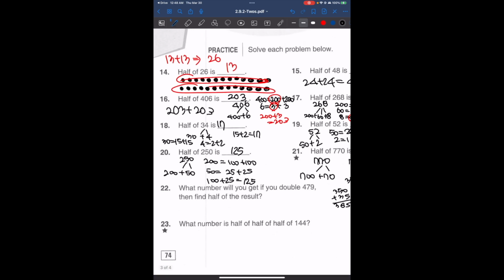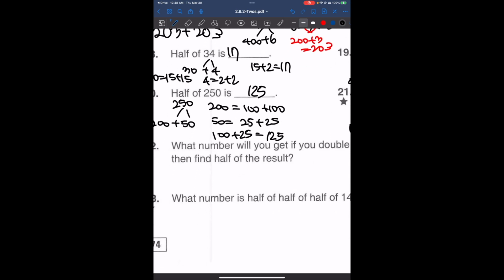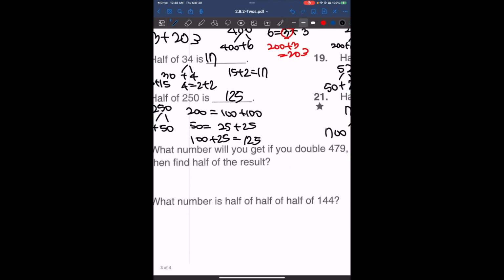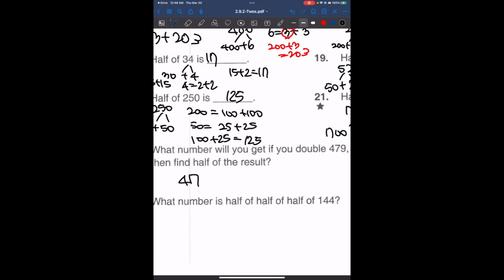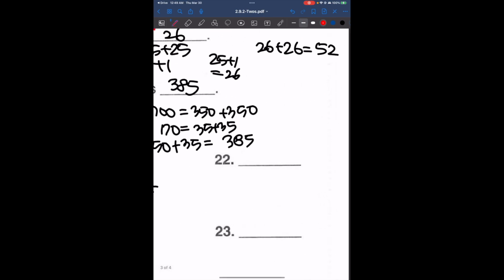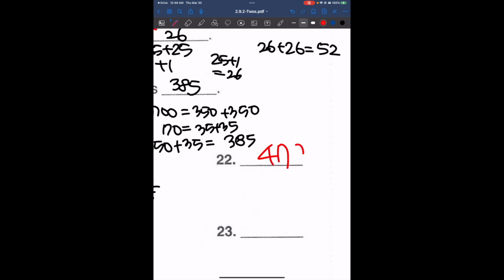Now, what number will you get if you double 479 and find half of the result? So doubling means that we're going to add it 2 times. And so that is going to be a result. But if we find half of the result, then we just take 1, right? So that's basically just going to be 479.